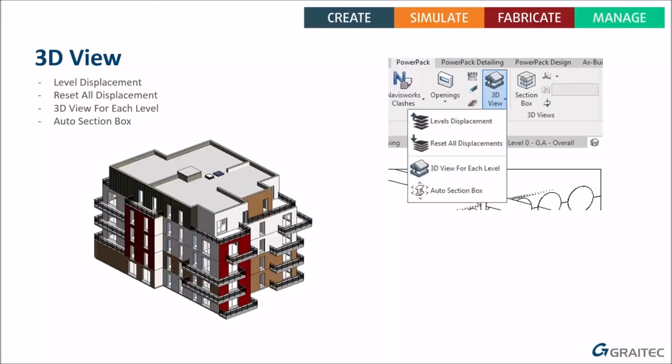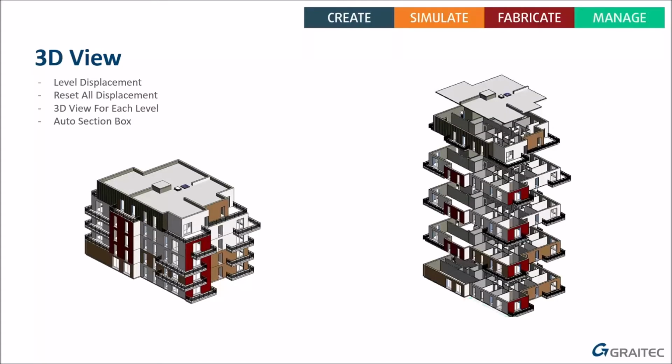In there, we've got the ability to create various different data very quickly and rapidly. It's nothing that you can't manually create in Revit. What we've done is create productivity tools to automate a lot of the things we're trying to achieve on a day-to-day basis when creating 3D views of certain elements.